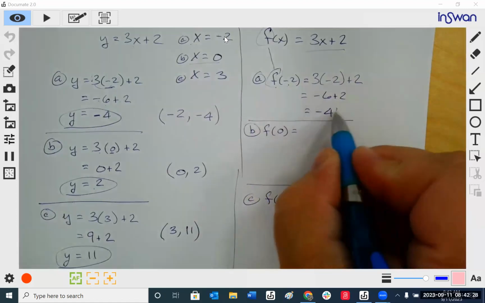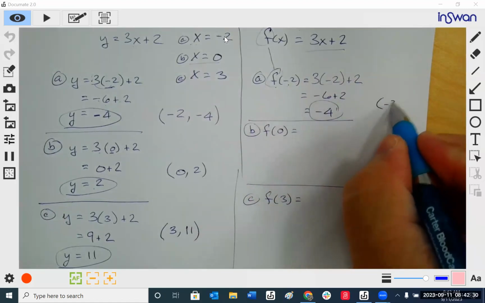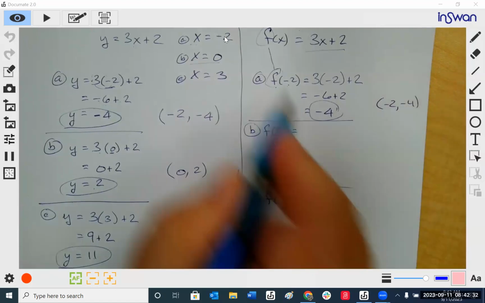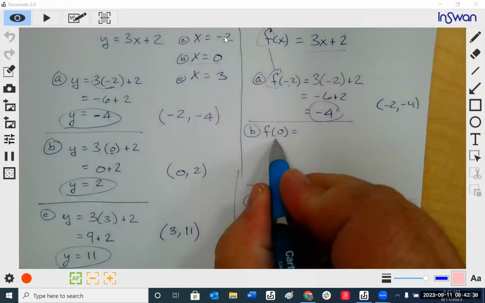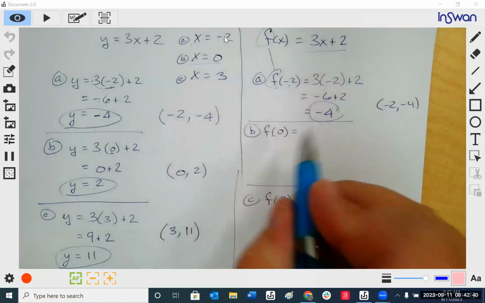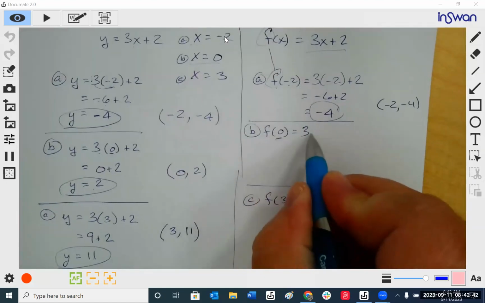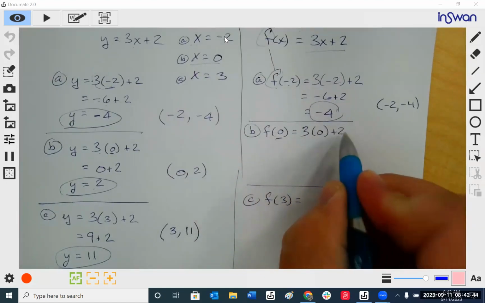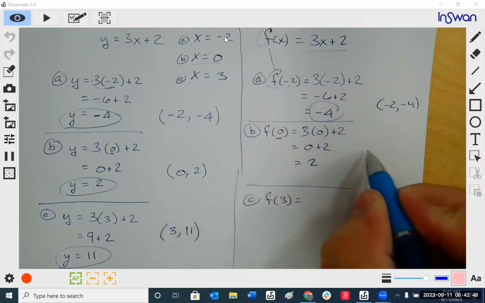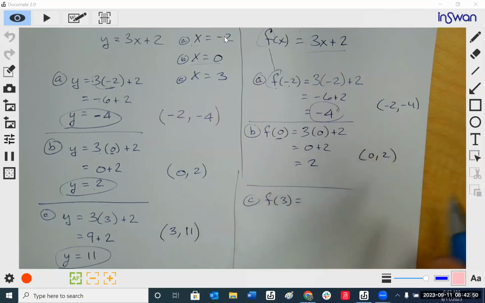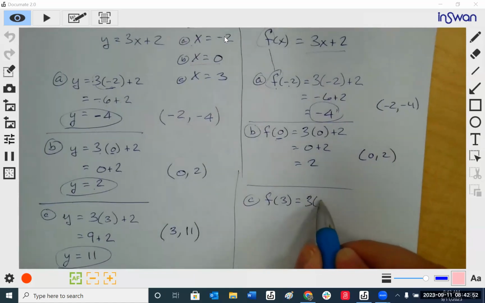It's all right there, it's compact. Here's the name, it means 3x. Anywhere I see an x, I put a 0. And then likewise.